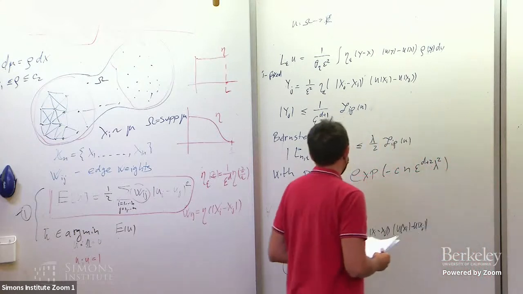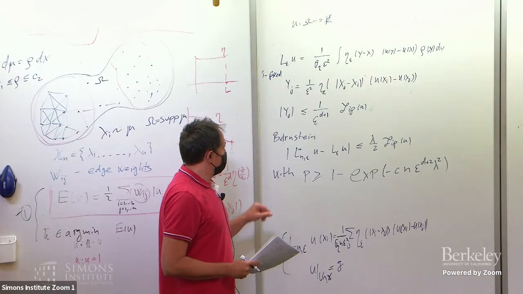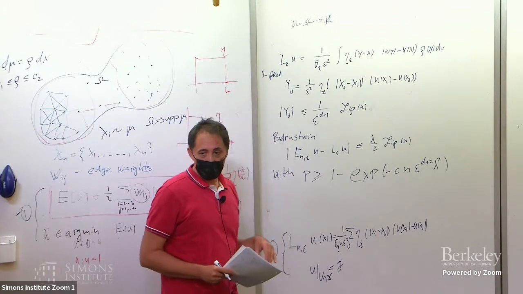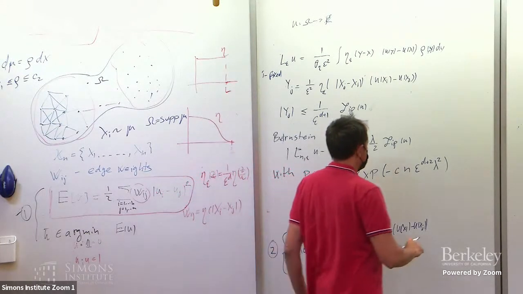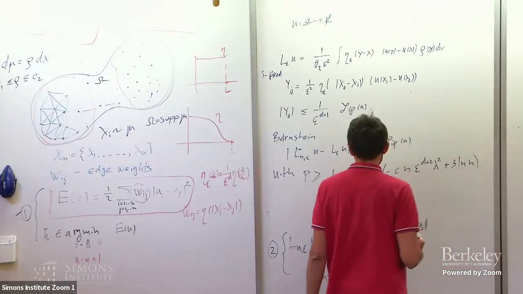Okay, and there are variants of this in the sense that I just did it for 1 point. If I want to do it for all points at the same time, then you could use something like a union bound. So you may obtain something like ln of n, or I think in that estimate the pooling is 3 times ln of n.